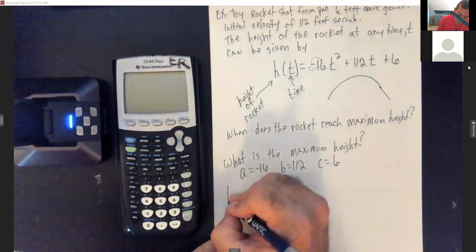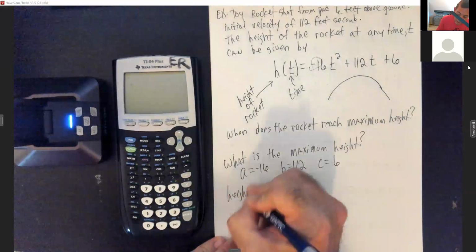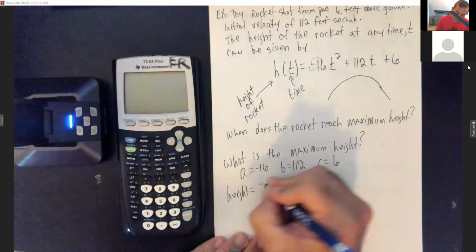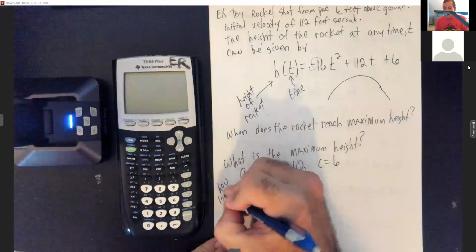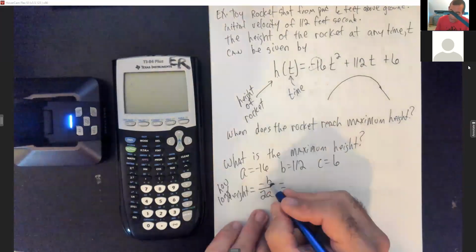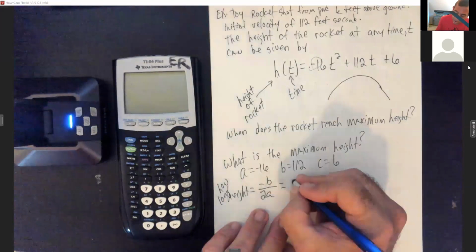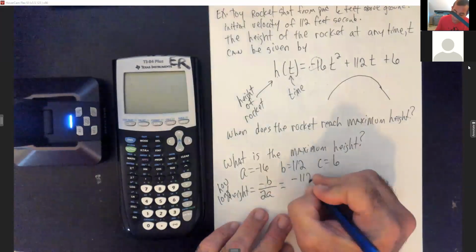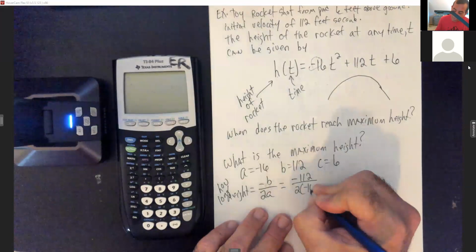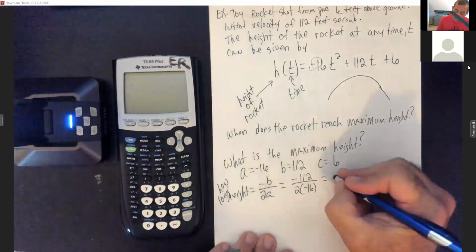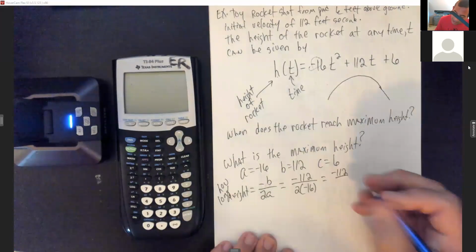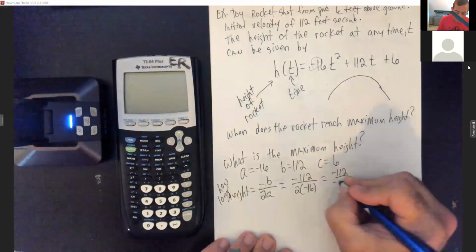Time is going to equal negative B over 2A. I mean, how long? How long to get to that height? Negative B over 2A, which is negative 112 over 2 times negative 16. Let's see, 2 times 16 is negative 32. All right, y'all, here we go.